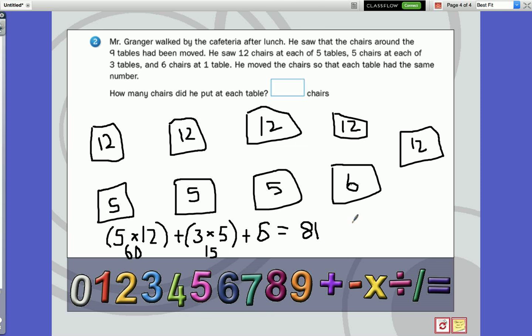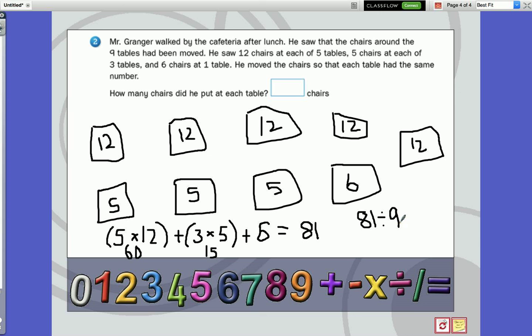And he took all those chairs and he put an equal number at each table. So just like in the first problem, when we take a number and divide it into equal groups, we are dividing. So we have to take these 81 chairs and divide them by the 9 tables that are in the cafeteria.